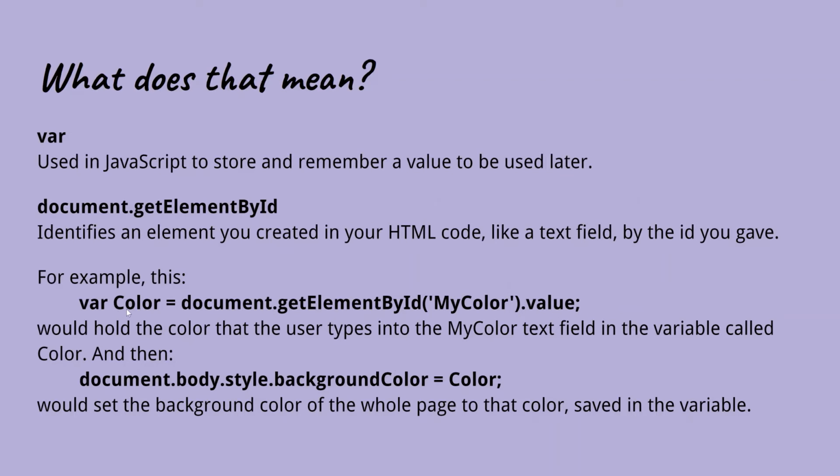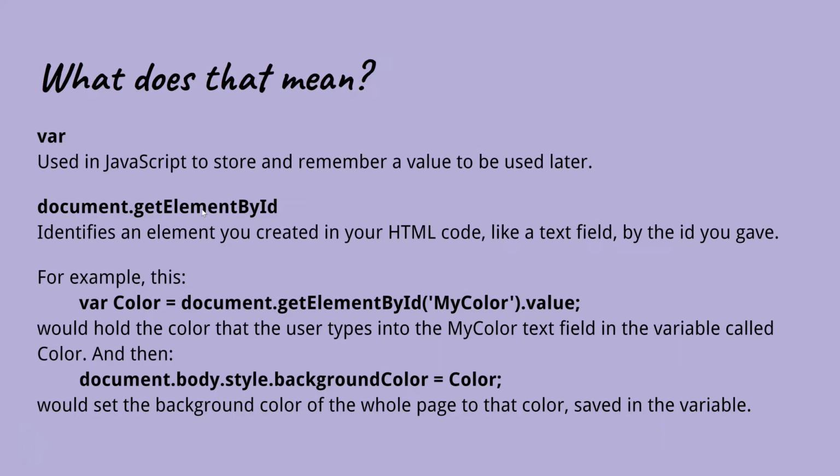So that's helpful if you expect to use the color that they entered in multiple places, or if you're going to use the name that they gave you in multiple places, like you're going to use it to welcome them, but you also want to use it somewhere else to say goodbye to them. If you put it in a variable, it's going to be much, much easier to type out that variable name than this whole thing.